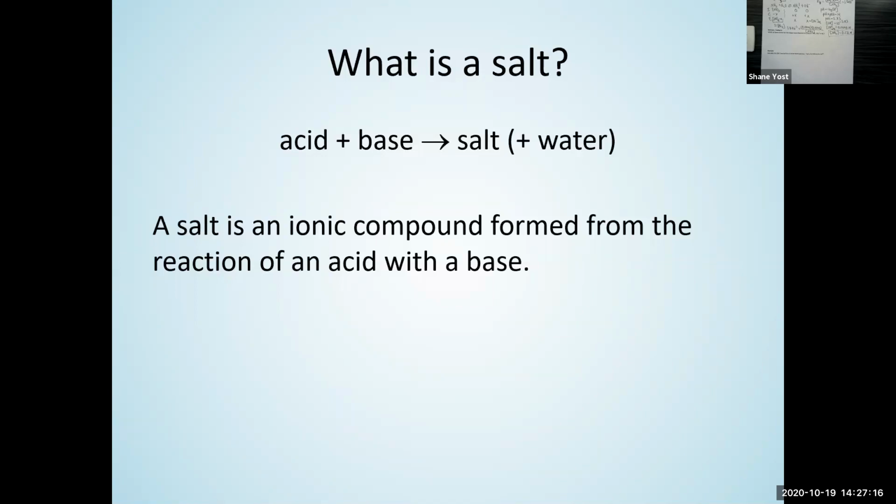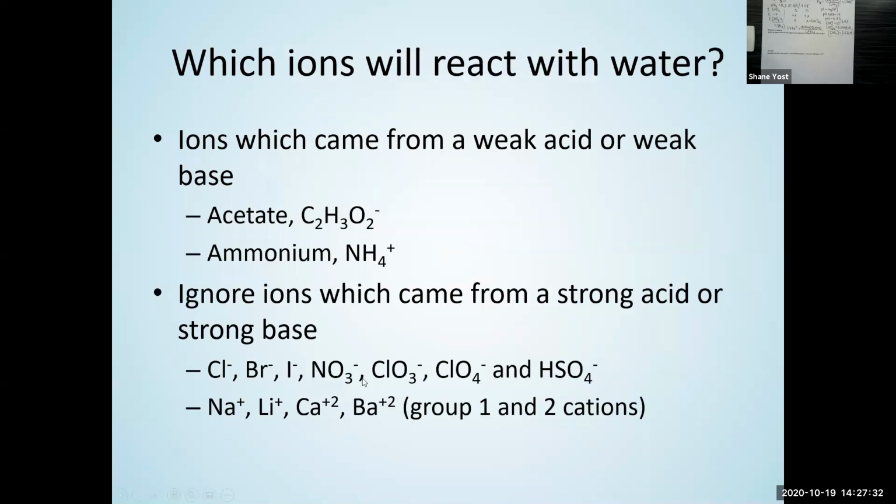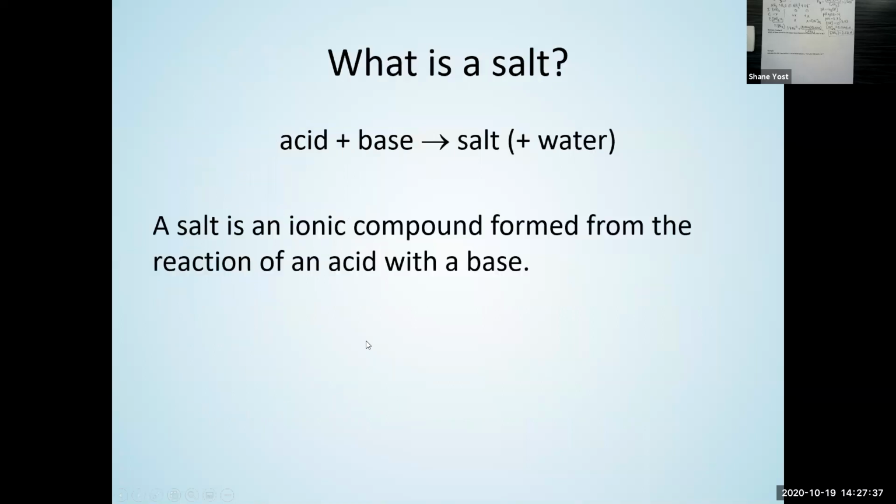So when we talk about salt solutions, we aren't necessarily just talking about table salt, sodium chloride, but any type of ionic compound is considered a salt. Some examples are sodium chloride, calcium carbonate, potassium phosphate. Any ionic compound you can think of is a salt.